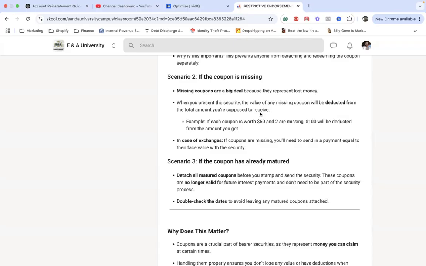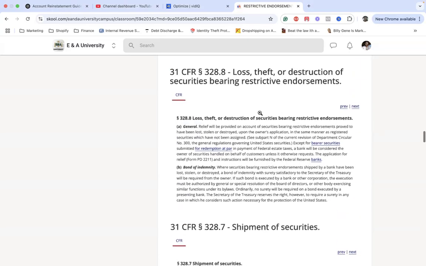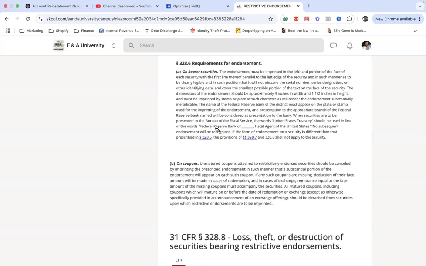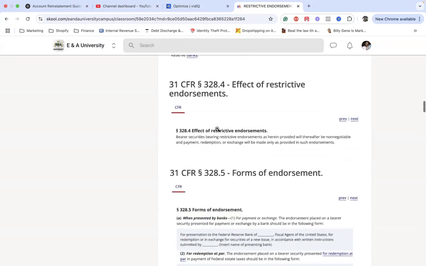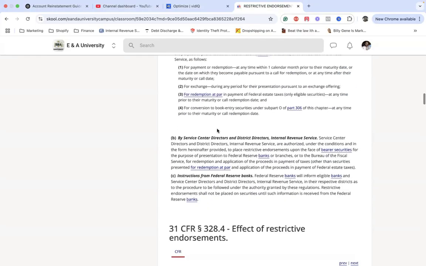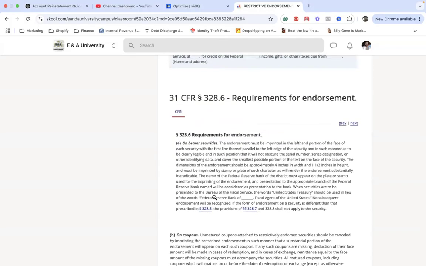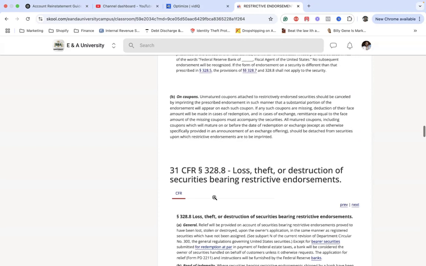So if it's missing, I told you guys before that you just need to simply file this form. Where is it? Did I miss it? Where is the form? All right, right here.